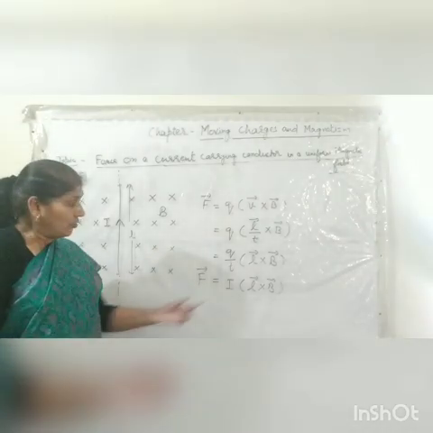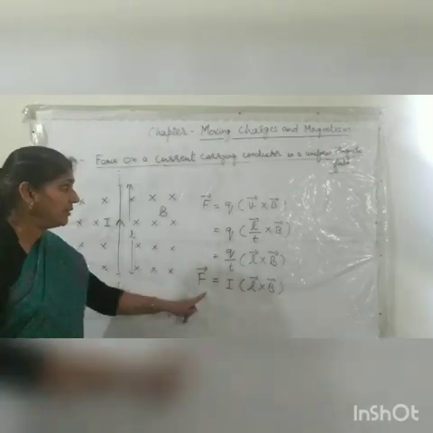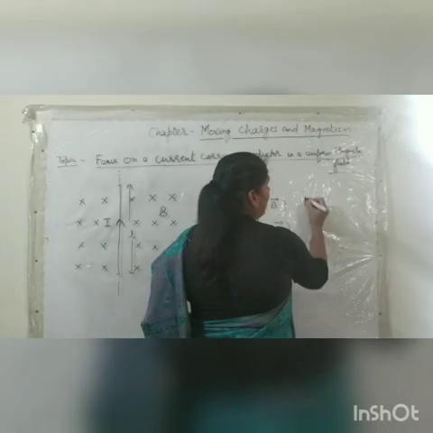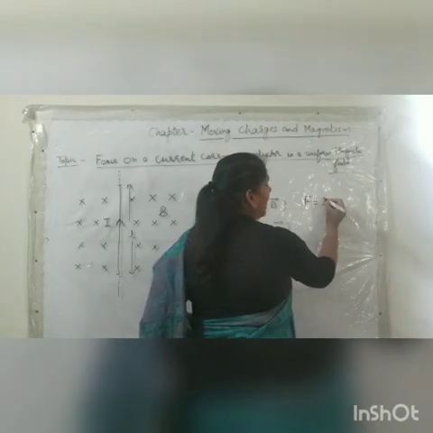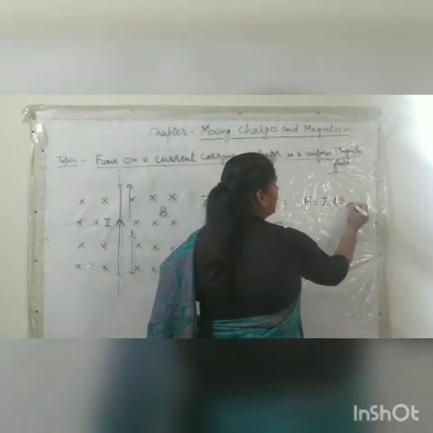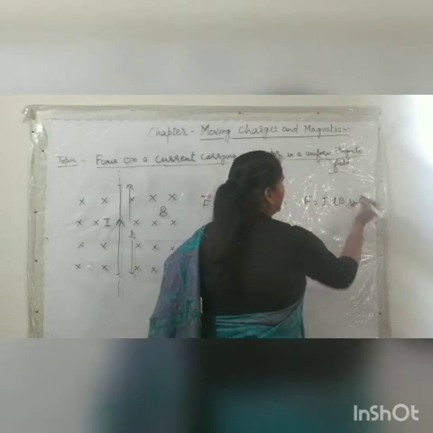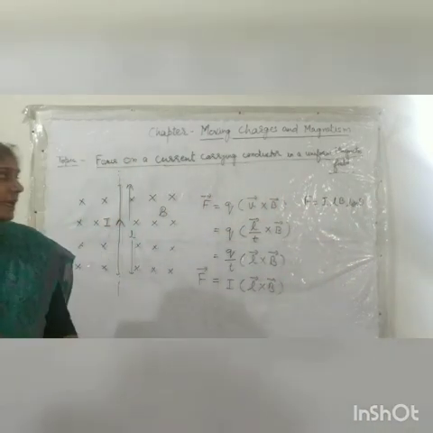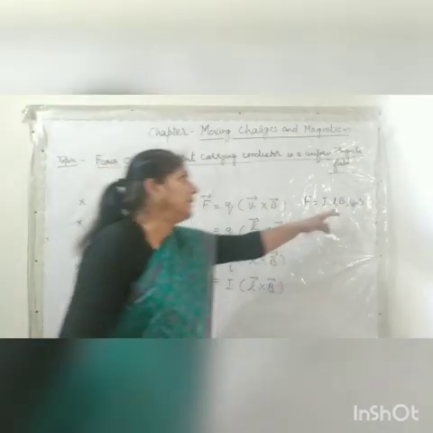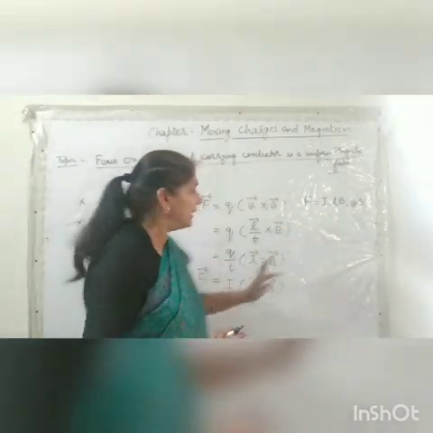For magnitude of force, this expression can be written as F equals I L B sine theta, where theta is the angle between the magnetic field and the current carrying conductor.